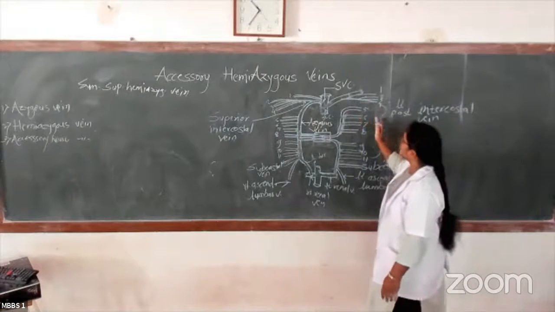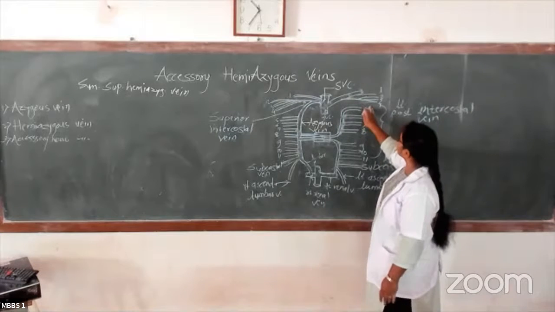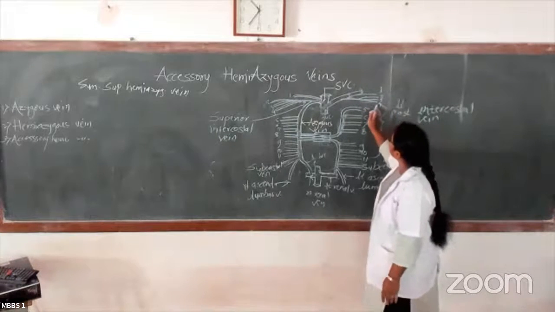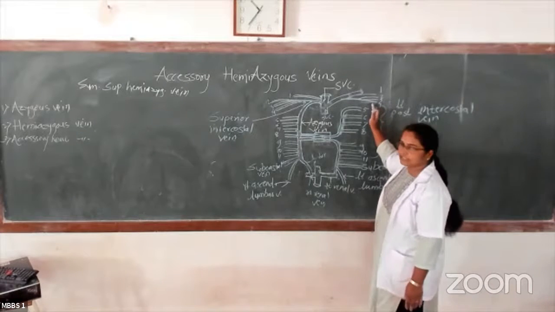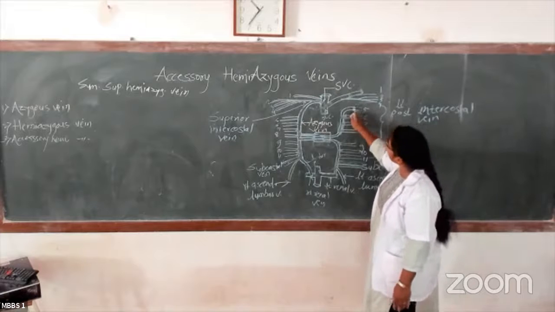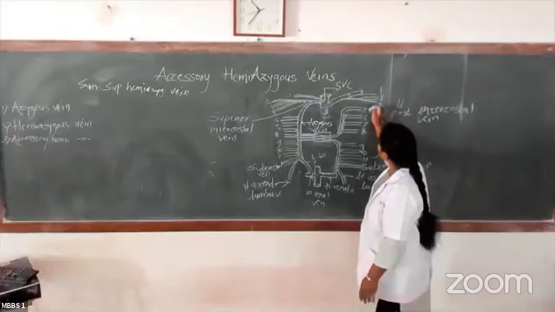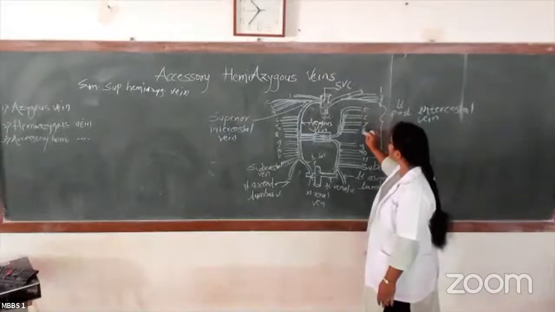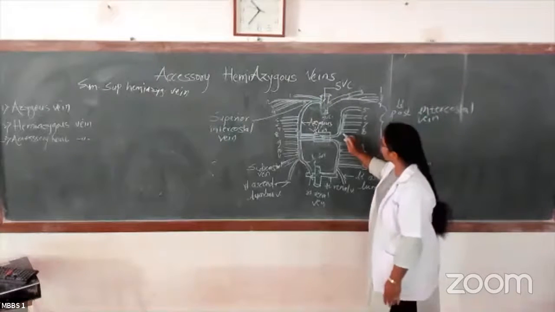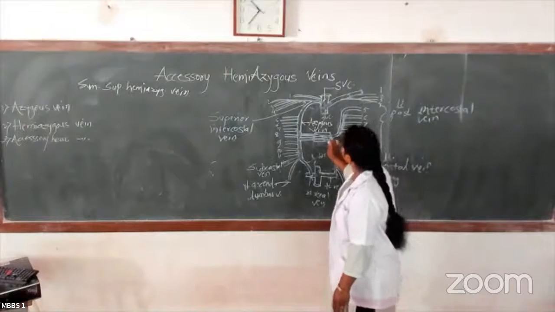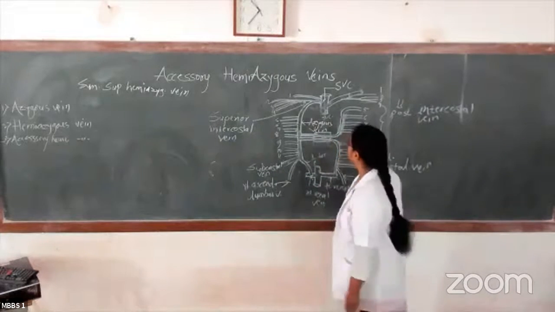Now on the left side, it is the continuation of fourth posterior intercostal vein, and then it descends downwards here. After receiving the fifth, sixth, and seventh, sometimes eighth posterior intercostal veins, then at the level of T8, again it passes in front of the vertebral column.